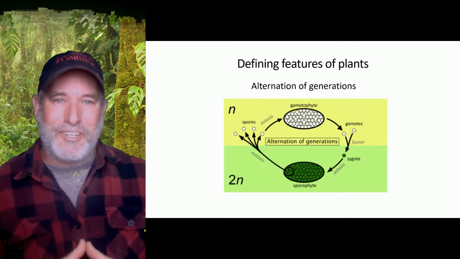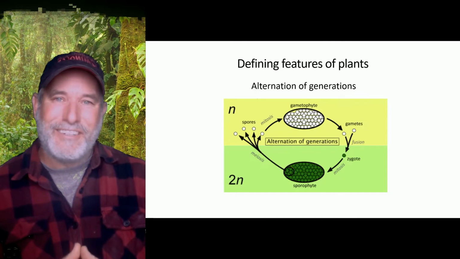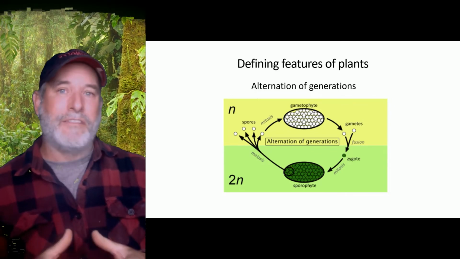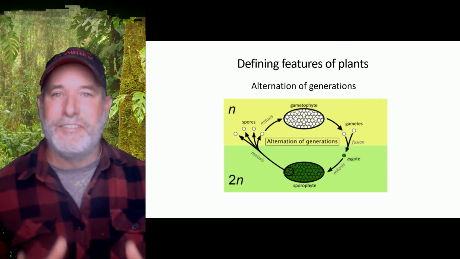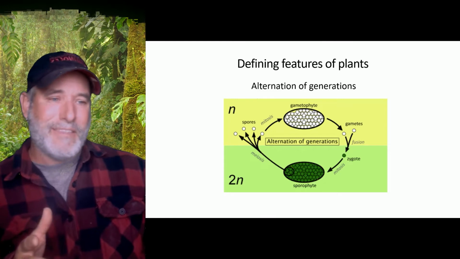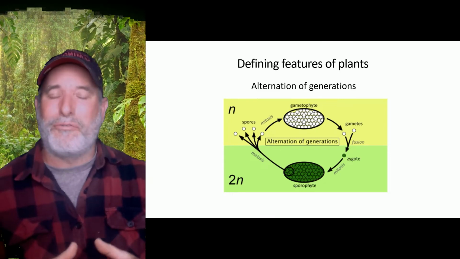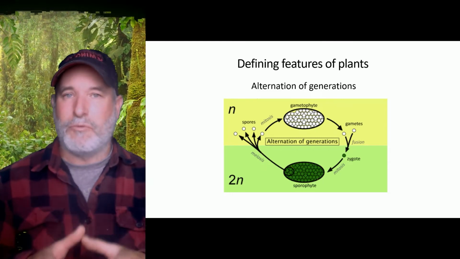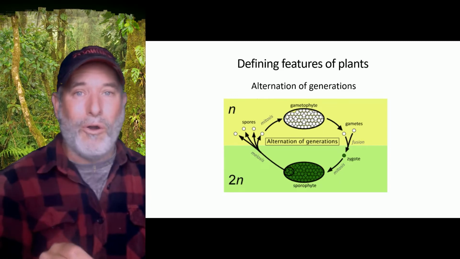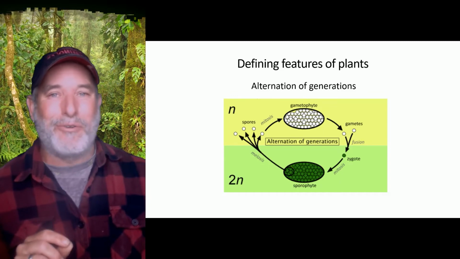And I'm going to use some words here. The gametophyte is haploid. Think gametes, like sperm and egg. It's haploid. And then the sporophyte is diploid. So if we were a plant, you and I'd be the sporophyte. And interestingly, the sporophyte will have cells that will undergo meiosis that will become haploid. But then those spores can actually grow into a haploid organism.